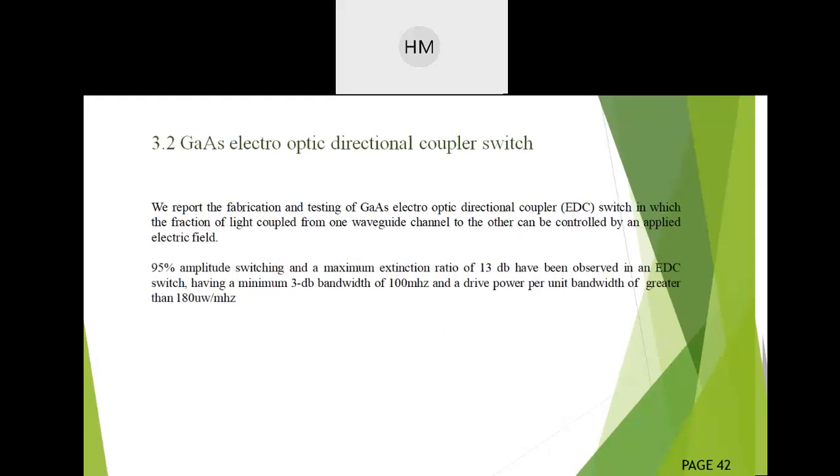OEO conversion we have seen. Now, this is a type of optoelectronic switch, the gallium arsenide electro-optic directional coupler switch. Okay, electro-optic directional coupler EDC, you can say gallium arsenide EDC. In it, the fraction of light coupled from one waveguide channel to the other can be controlled by an applied electric field. I want to control the signal flowing from one end to another end by using a switch. The switch is again a type of directional coupler.